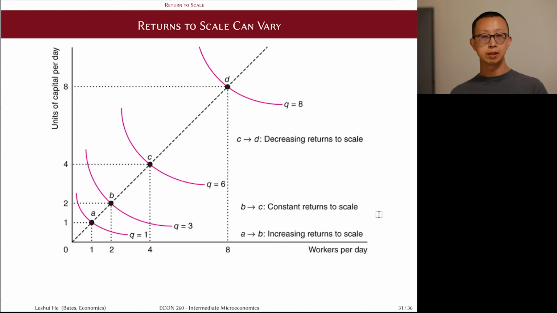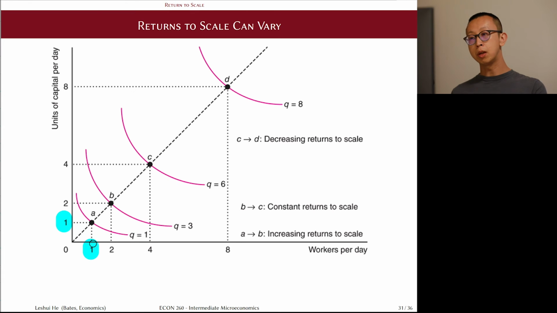It is worth noting that the feature of the Cobb-Douglas function, that the return to scale does not vary with the input level, is potentially restrictive and can be unrealistic. This graph illustrates how the return to scale may change as the input increases. In this graph, from the input level of 1 and 1, we have an output level of 1 unit.